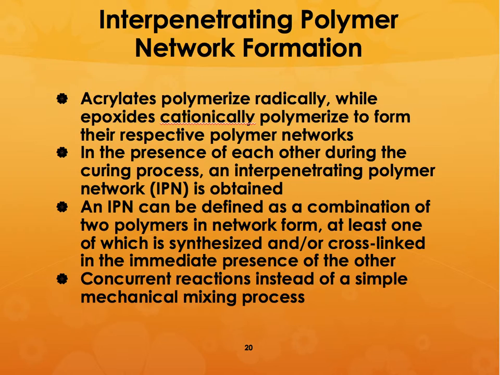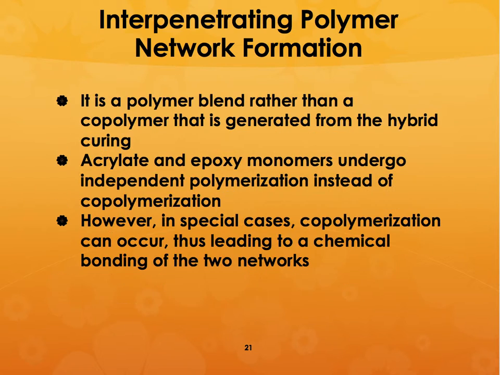So you have the acrylate chain and you have the epoxide polymer. They would form a network of the two, and the presence of the two reduces the amount of shrinkage and residual stress. And these reactions are concurrent reactions instead of a simple mechanical mixing process.